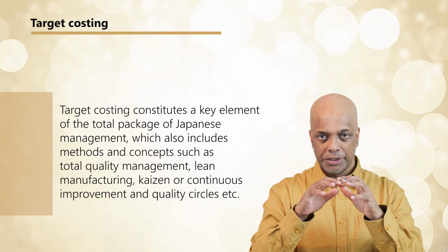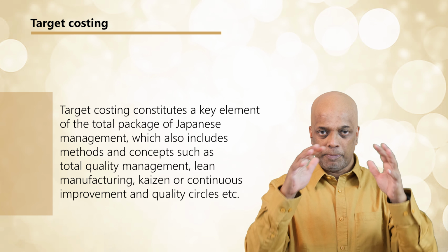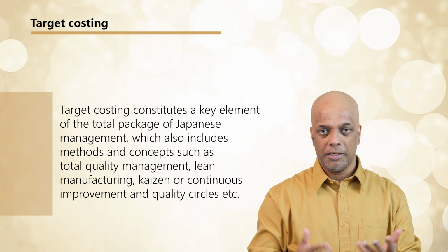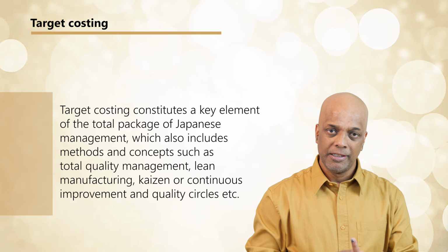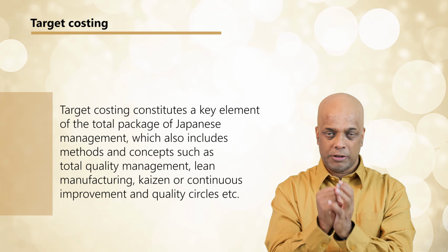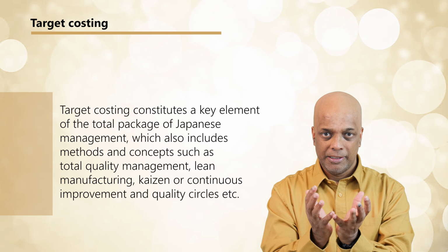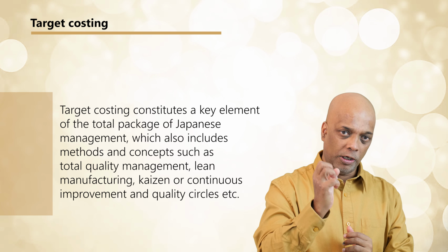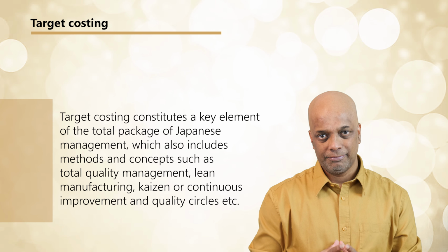Target costing constitutes one key element of the total package of Japanese management, which also involved, for example, total quality management, continuous improvement or Kaizen, and lean manufacturing. So target costing should be understood as a broad managerial approach that goes together with many other Japanese management techniques such as total quality management, lean manufacturing, continuous improvement, quality circles, and so on.